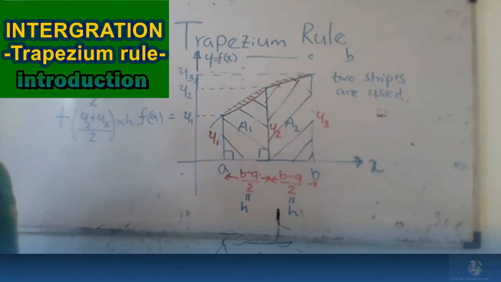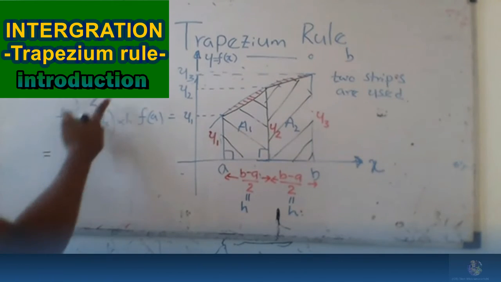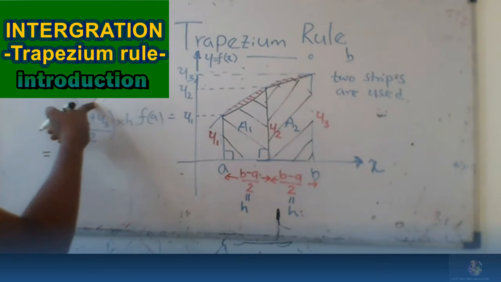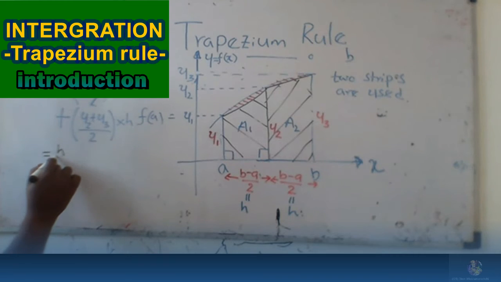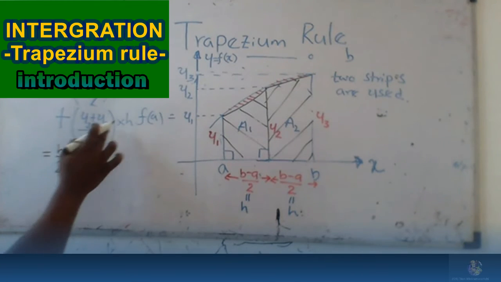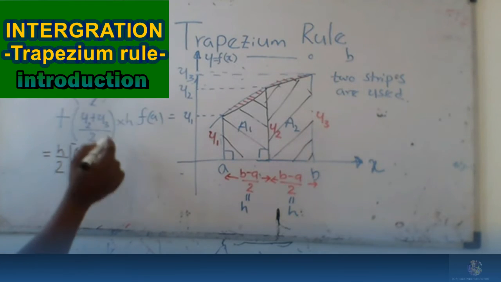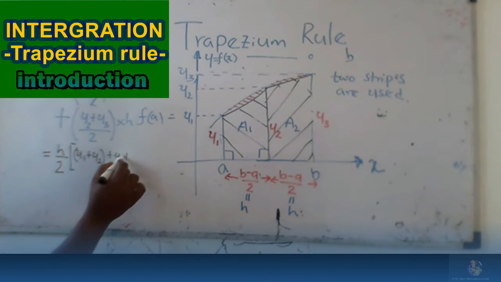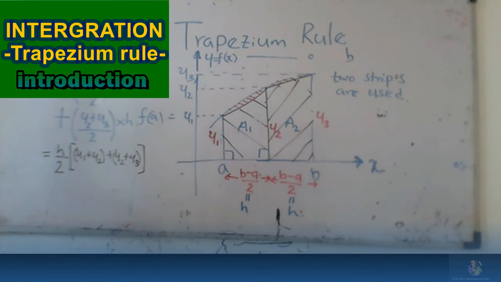Then I can have this. Here h is common and 2 is common. Therefore, we can take out h over 2. Then you have y1 plus y2 from here, and here you have y2 plus y3 for the second term.